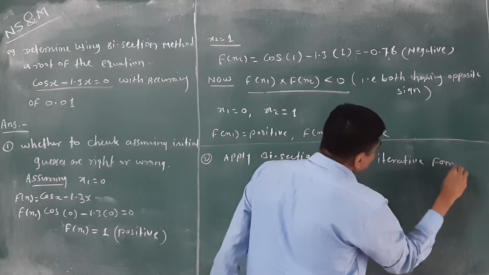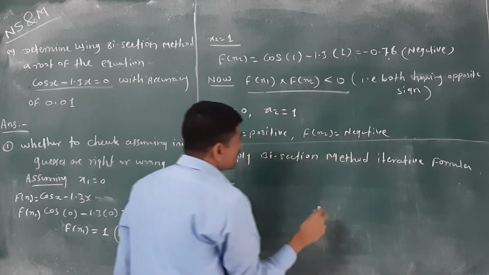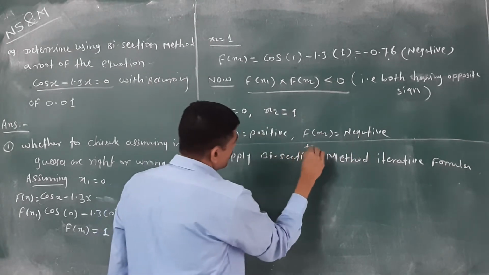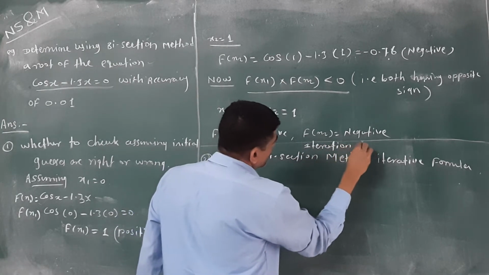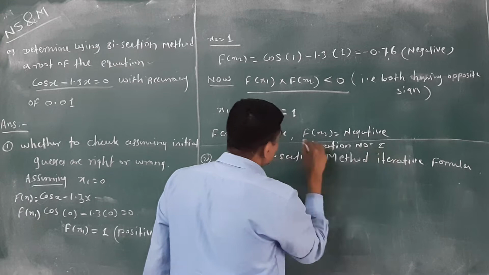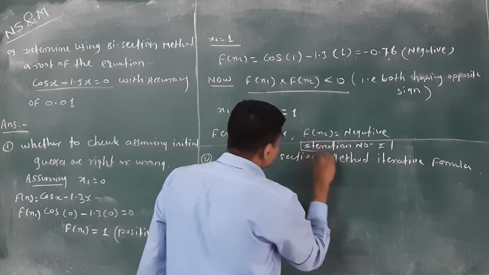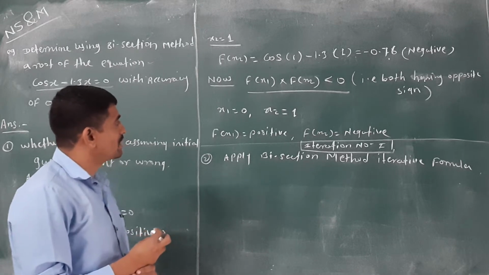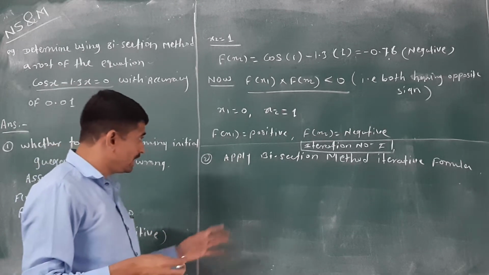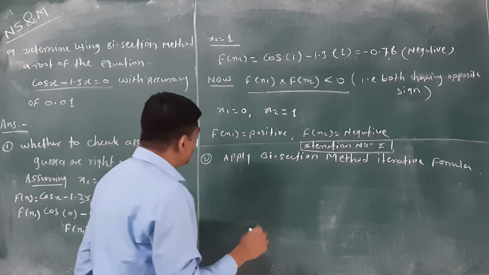For the first iteration, I will write here iteration number 1. Apply the bisection method iterative formula. You know the bisection iterative formula.